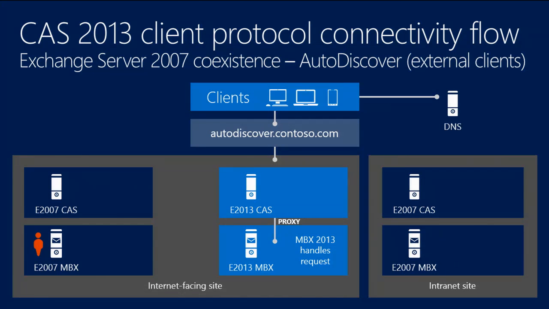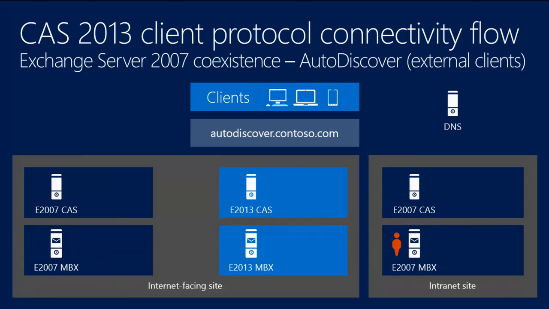It's an evolution of a multi-role server. A lot of the logic that was in 2010 CAS is still on a 2013 mailbox server, and obviously that's where we proxy from the CAS at the front to the 2013 at the back. You'll see when you look in IIS, all the VDIRs are still there. So we actually chose to proxy the request to the 2013 back-end mailbox server. And he generates a 2007 version Autodiscover XML, which is returned to the client, and the client makes his connection.